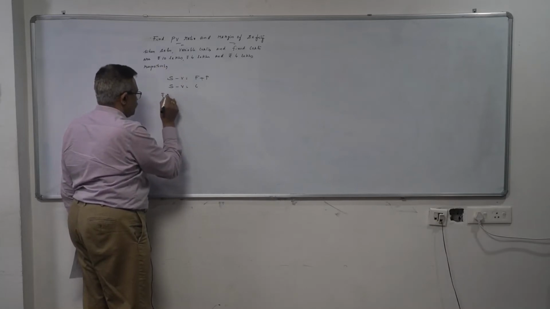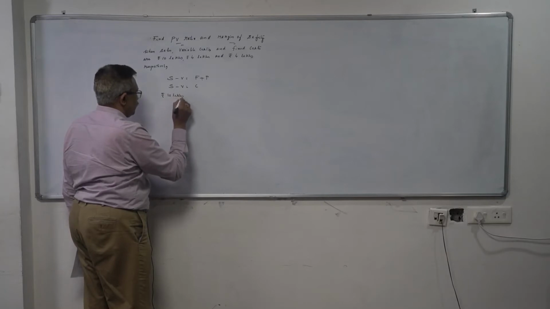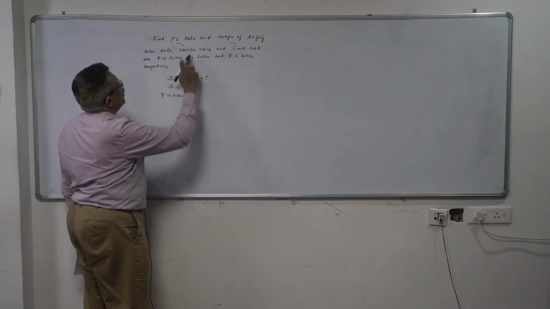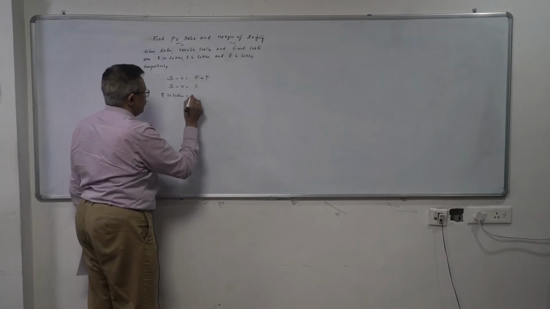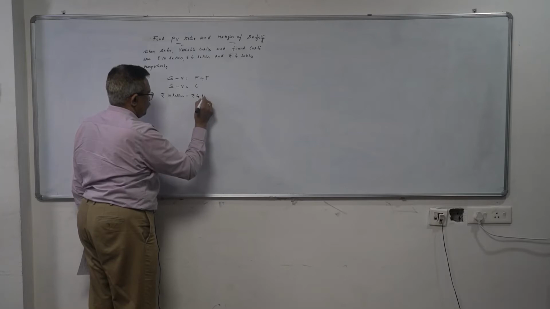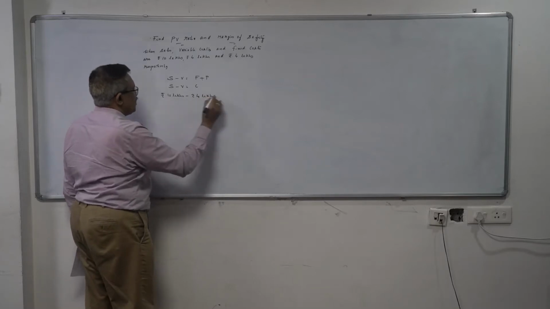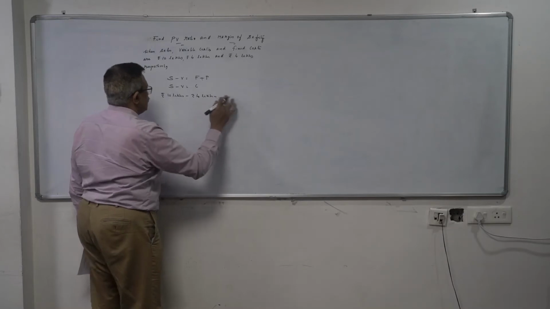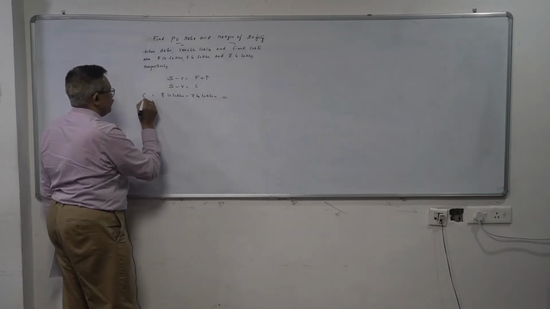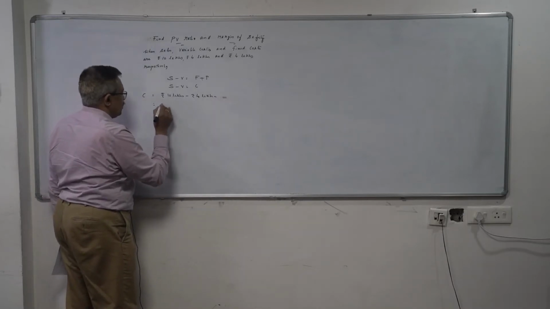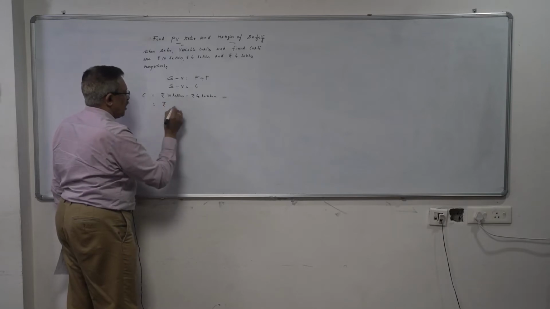Let me substitute this 10 lakhs here. And V is 4 lakhs, given to us. So, this itself is nothing but contribution. That is 10 lakhs minus 4 lakhs, which is going to be 6 lakhs.